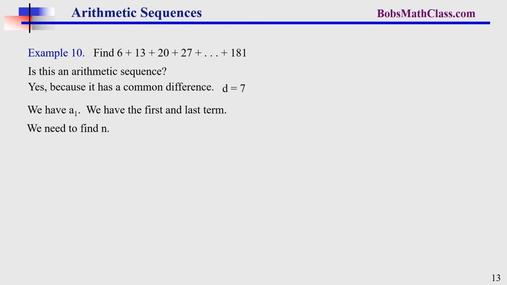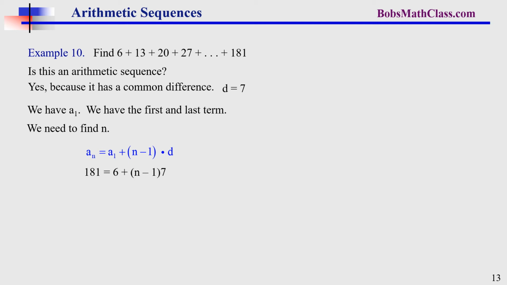Because in the formula of S sub n, there's an n in it. And if we don't have n, we can't use the formula. So we go back to our first formula, and we're going to plug in 181 for an, because it's the last term. a1 is 6, d is 7, and we're going to be left to find n.